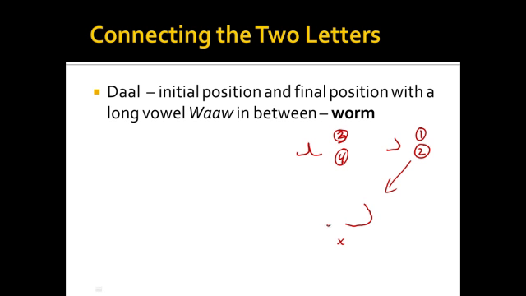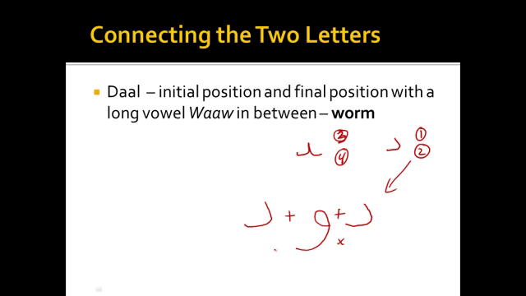So we're going to have the long vowel Waaw. I'm going to write the Waaw. And then we're going to write our final Daal, because you hear the dood. The last is a Daal sound. And then we have our Daal again.